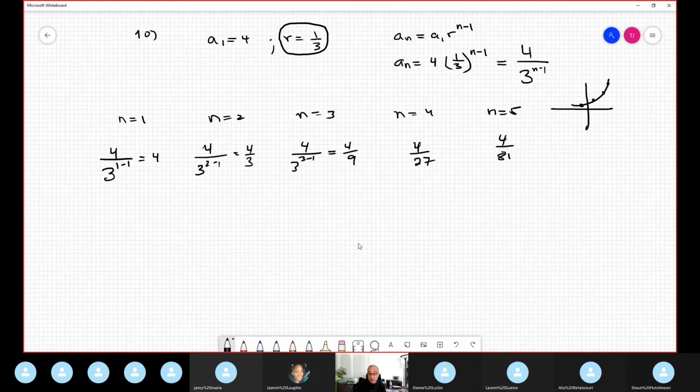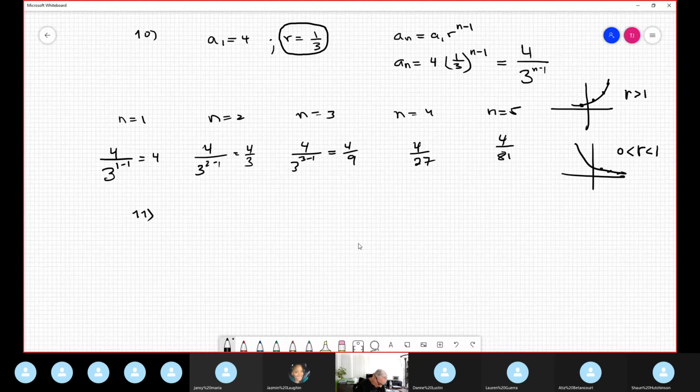But in general, when you study exponentials, you study the continuous law. This is when the common ratio is greater than 1. If the common ratio is less than 1, it's decreasing. In this case, it's decreasing. You see that the number is smaller, smaller, smaller.